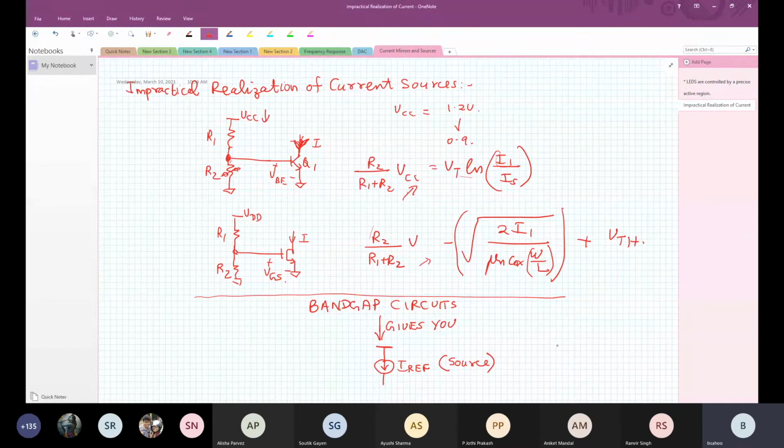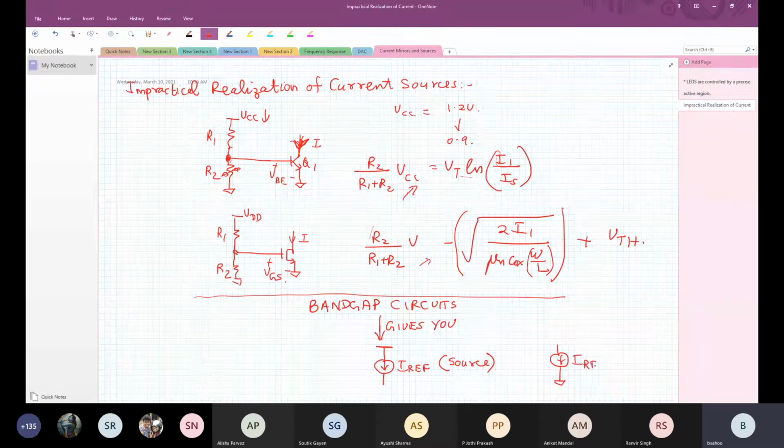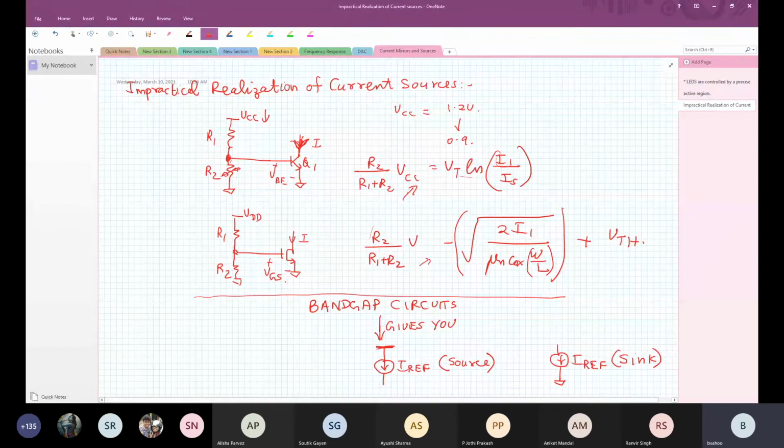If it is going to ground, it is called a sink. So a source comes from the supply and a sink goes to the ground. So we will have these two things. Please make sure that you know the source and the sink.